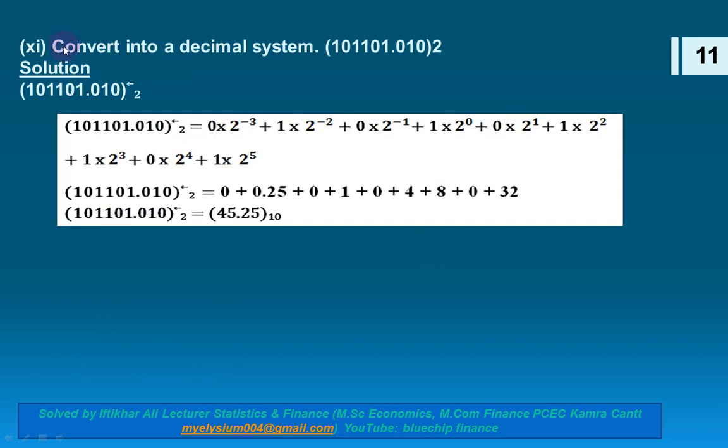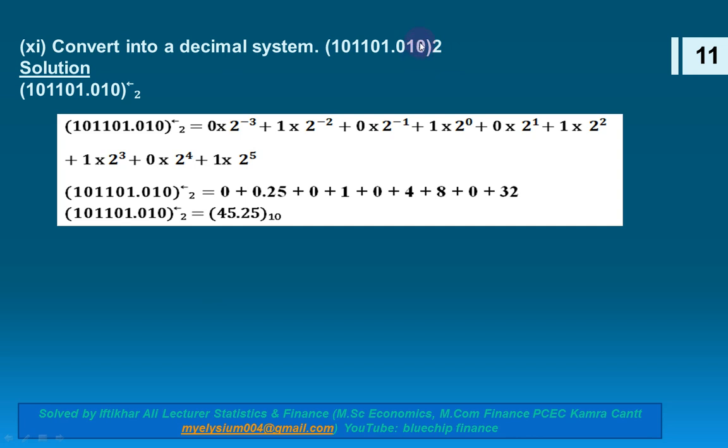In question number 11, convert into a decimal system 101101.010. It is the form of fraction, so we start from the extreme right, 0, 1, 0, and the values that are right to the point. Here we take the power in minus.